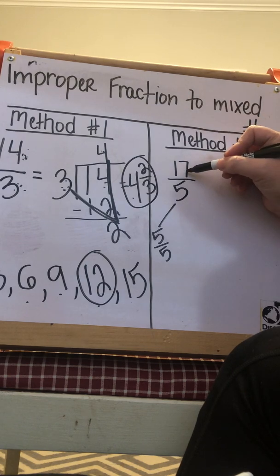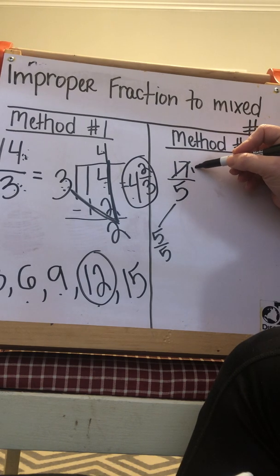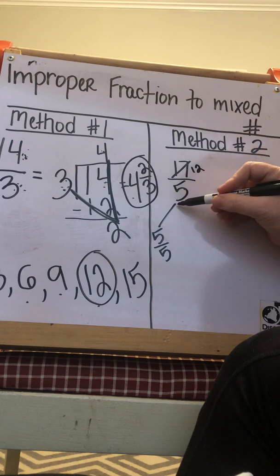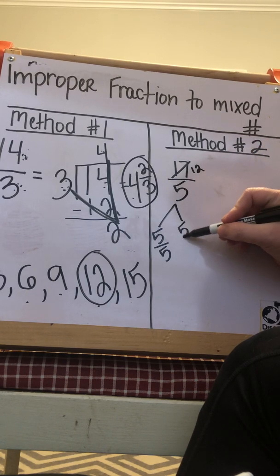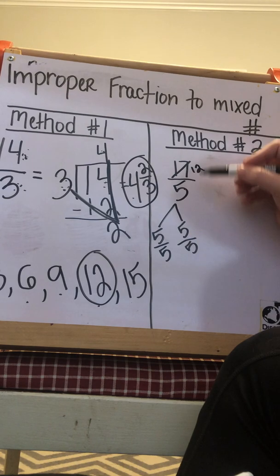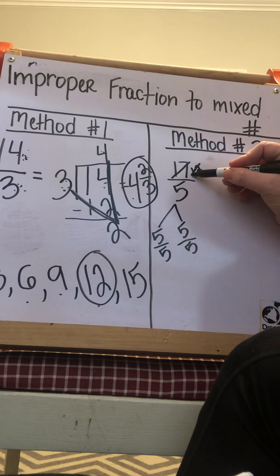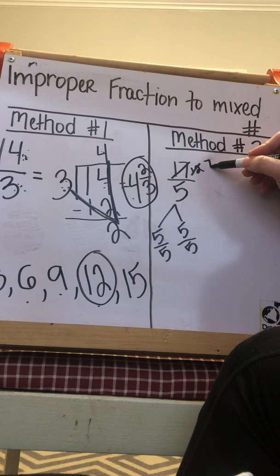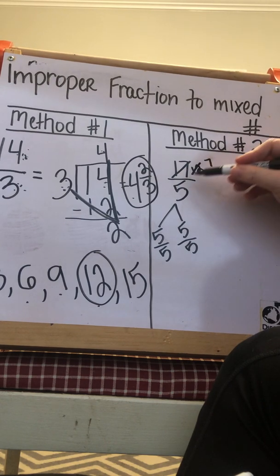Well, if I take 5 fifths from 17, now I'm left with 12, okay? Well, I could take out another whole. 1 whole would be 5 fifths here. So if I take 5 away from this 12, 12 minus 5 would give me 7. Well, now I've got 7 fifths.